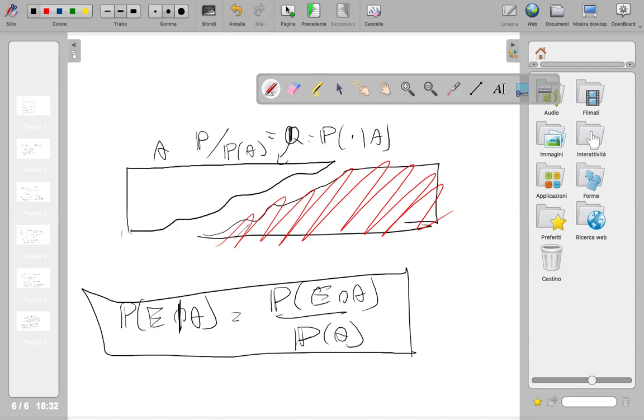So the number of elements of this space is quite big. It is equal to 6 to the power of 3, which is 36 times 6, which is a big number.